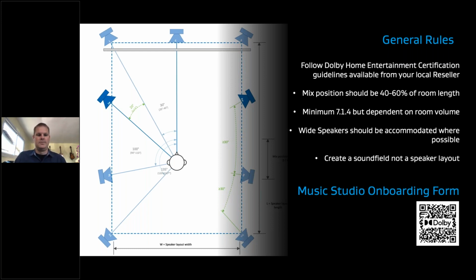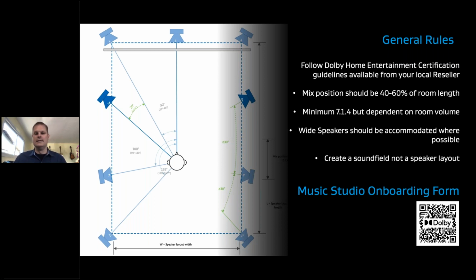I really like the wide speakers. So these two speakers here, they're addressable only via objects, and the reason I like them mostly is that it gets people thinking about Atmos more as a sound field, not a speaker layout. So you'll hear an awful lot of talk about a 5.1.4 setup and a 7.1.4 setup and a 9.1.6.